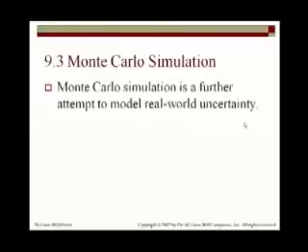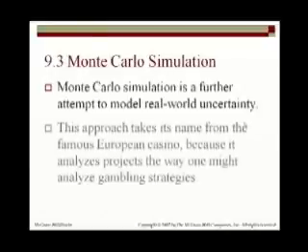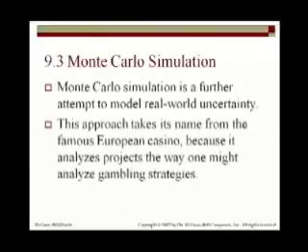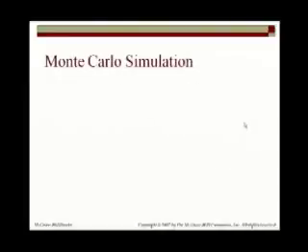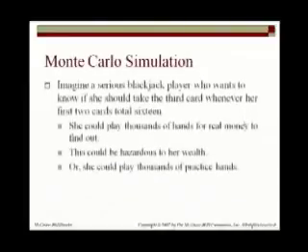And the way it works is, at this time, instead of having scenarios where we change individual numbers in certain ways, we're going to define probability behavior for variables, and we're going to let each variable behave randomly based on what we think the probability behavior could be. And I'm not going to go through an example of that here, but here's a simple example, something you might use Monte Carlo simulation to do.